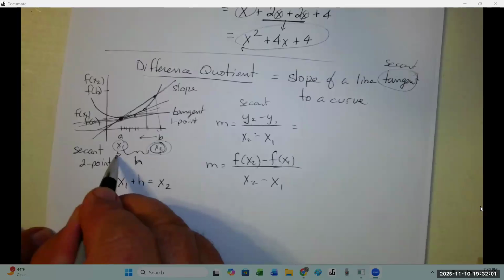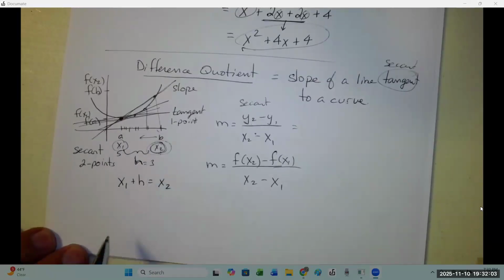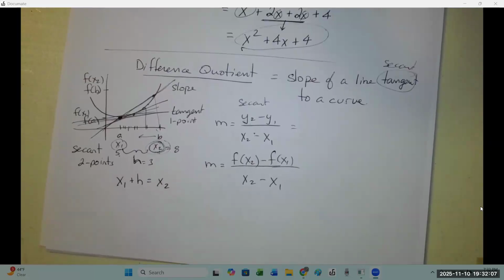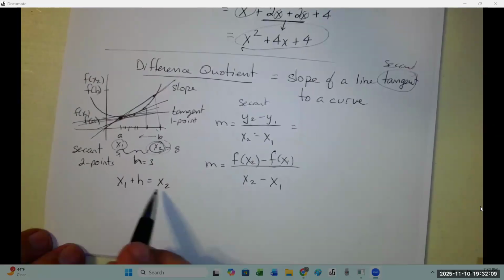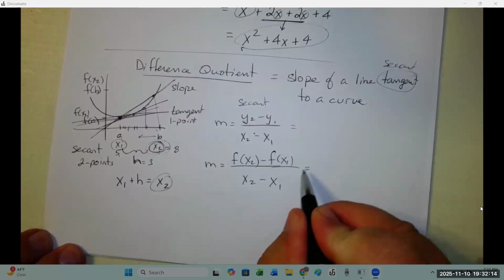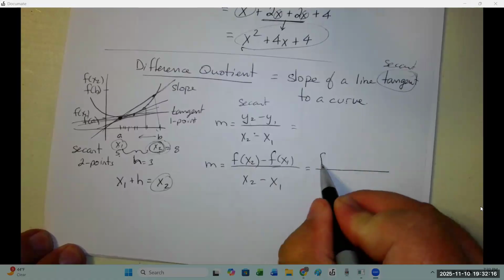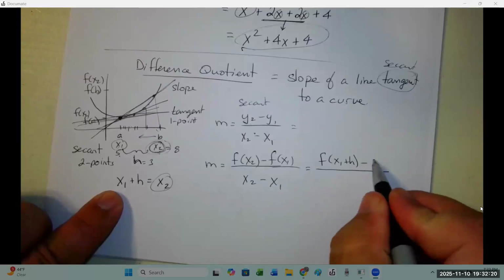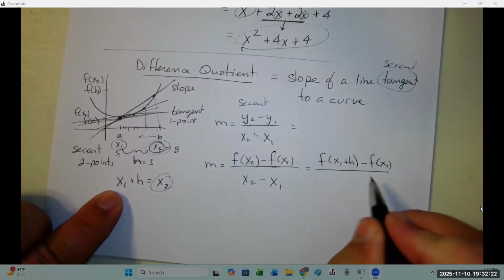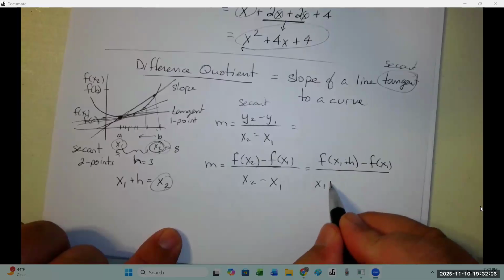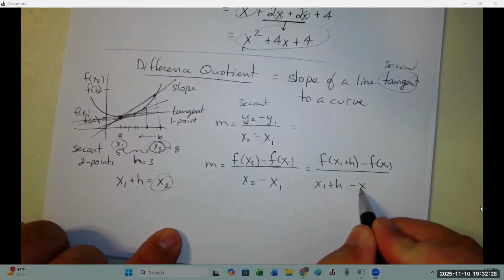So in other words, if this was 5 and h was 3, 5 plus 3, that means this one's 8. So now we have a new way of defining x2. Anywhere we see an x2, we put an x1 plus h. So x1 plus h minus x1.